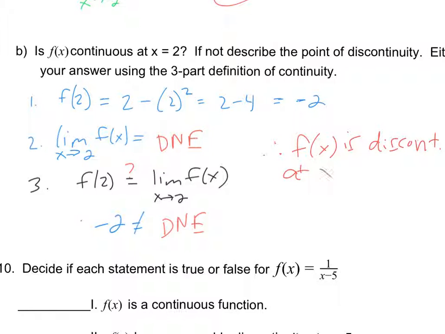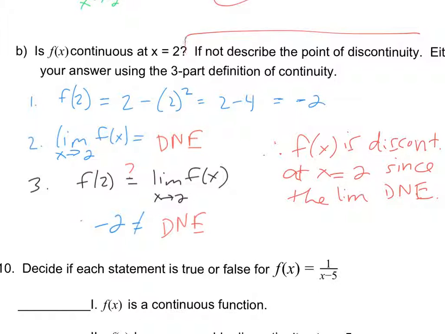Discontinuous at x equals 2, since the limit does not exist. And furthermore, I ask you to describe the point of discontinuity. So that would be me asking, is it a removable discontinuity or non-removable discontinuity?